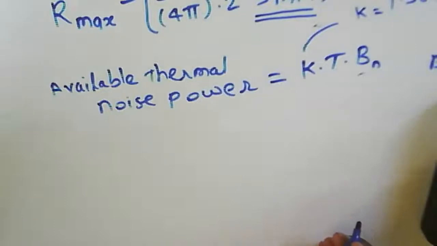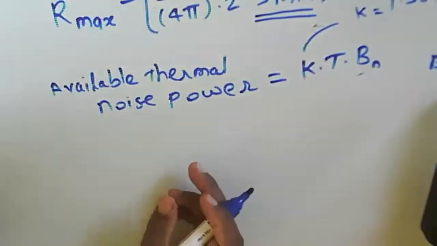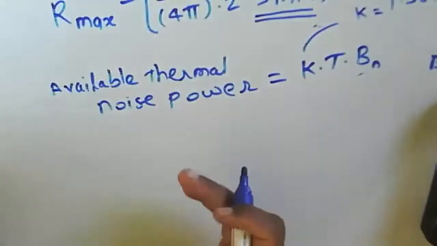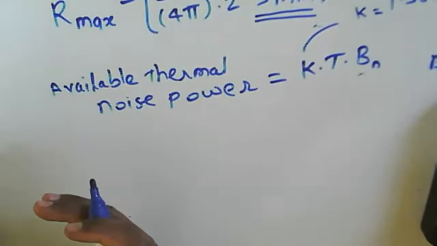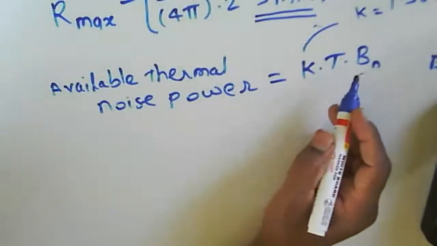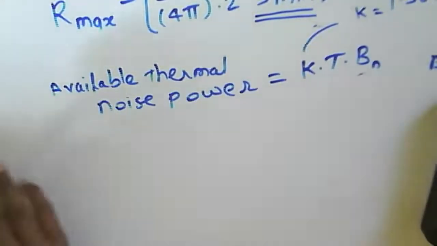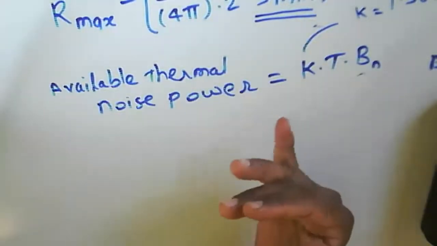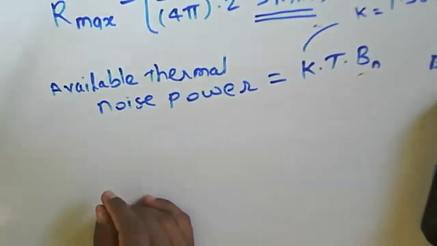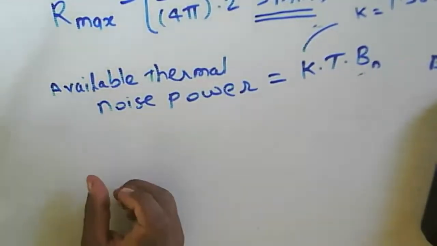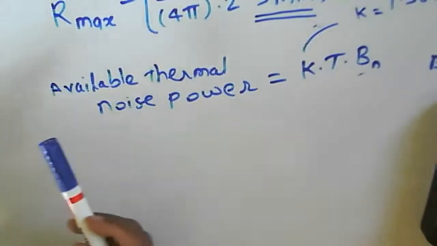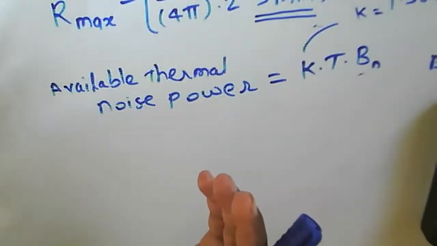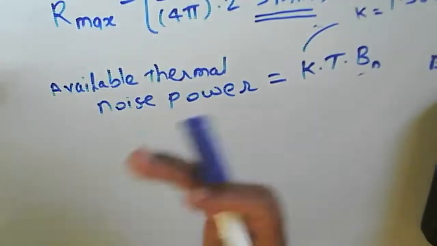Then what will be the noise figure for the given particular noise received at the receiver? Generally that noise is thermal noise at a receiver. We consider that the noise received at the receiver is because of thermal agitation of the electrons, or conduction of the electrons, and because of that there will be changes in the current, or we can say it will affect the ohmic response of your system.